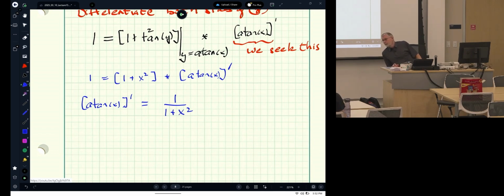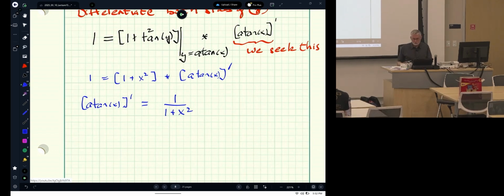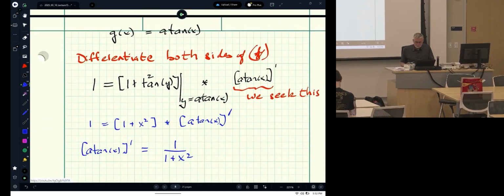Okay, so that's how you get the derivatives of most of the inverse trig functions. You can use that to get the derivative of log of x from knowing the derivative of exponential of x is equal to itself. That's how you take functions and their inverses and calculate. Knowing one of them, you calculate the other. Okay?